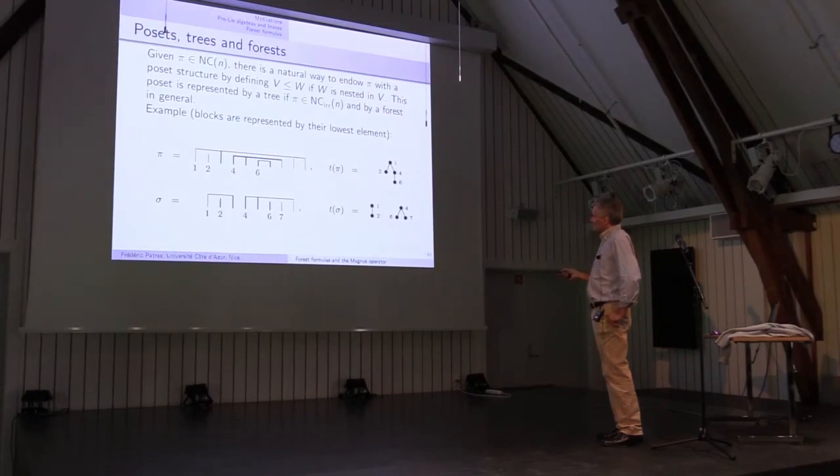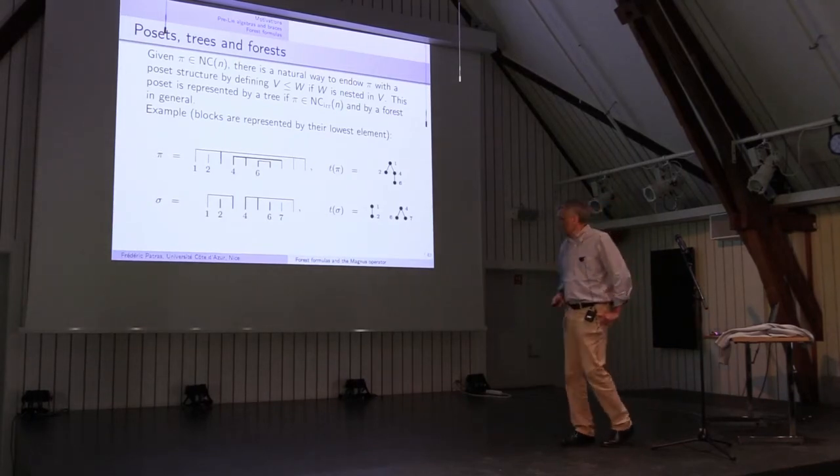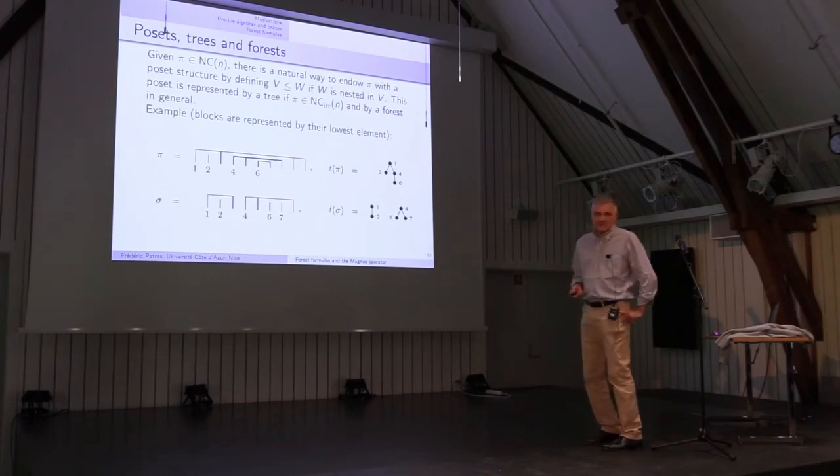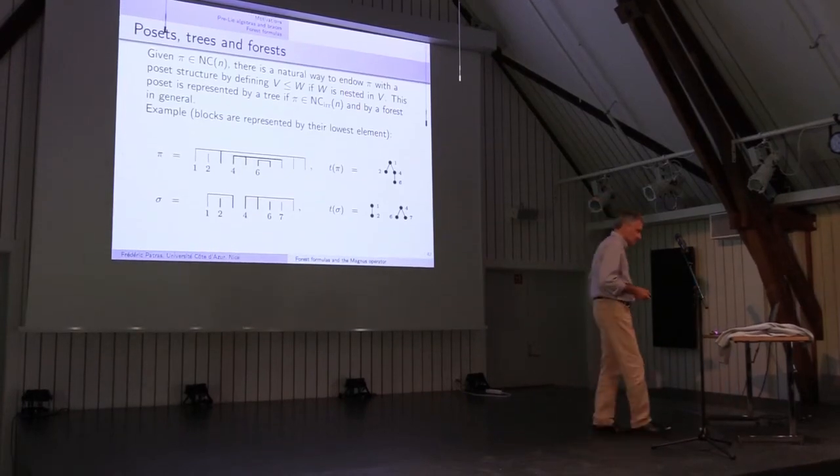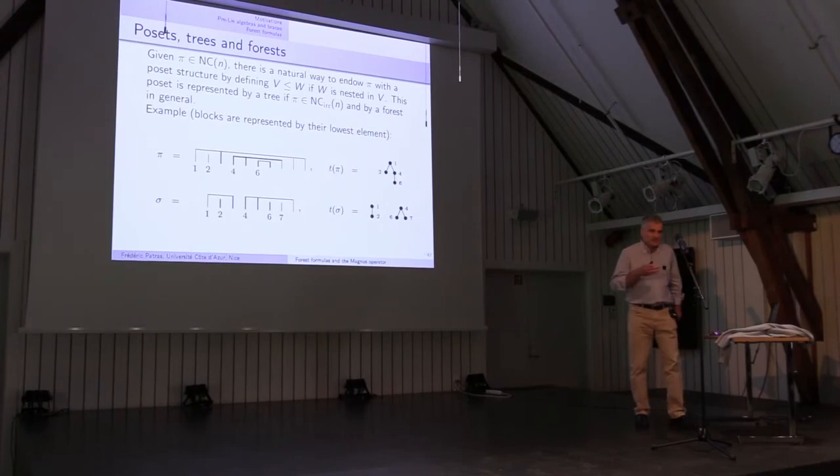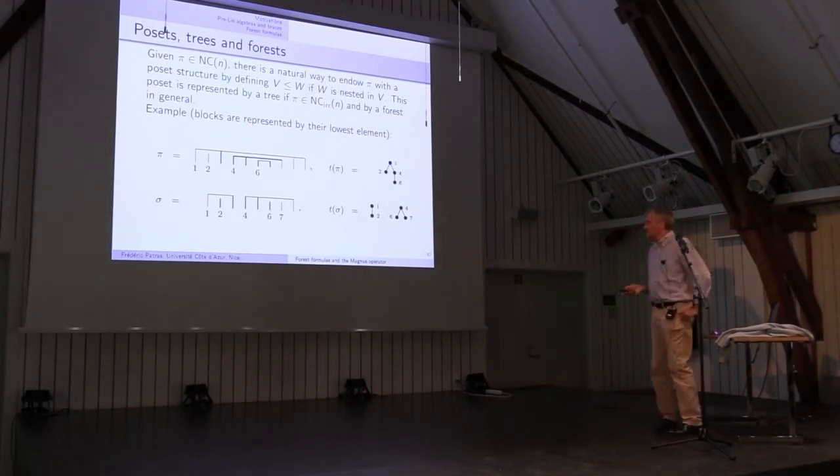You have this block that is going to give rise to this vertex of the tree, and 6 is going to the bottom of the tree, which is represented upside down, and so on. I don't want to enter too much into details, but this gives the rule for associating a tree to a non-crossing partition. And this is going to be important for some things I'm going to say later.